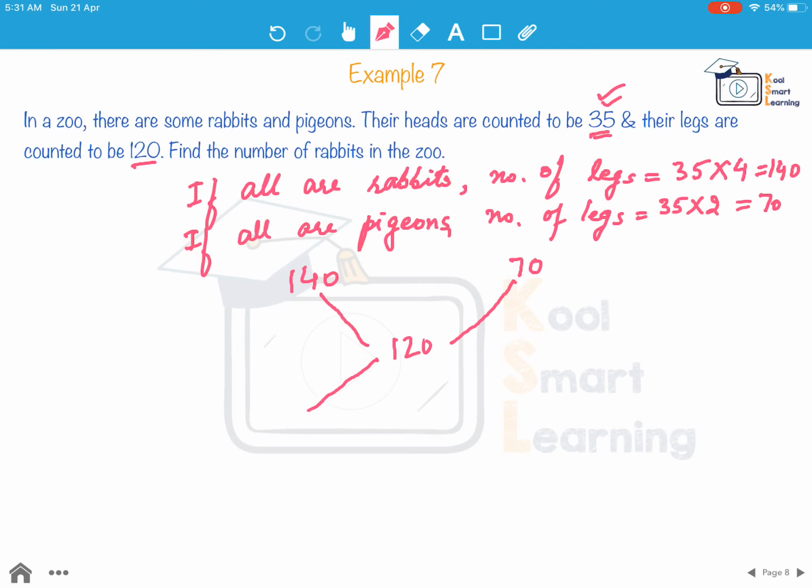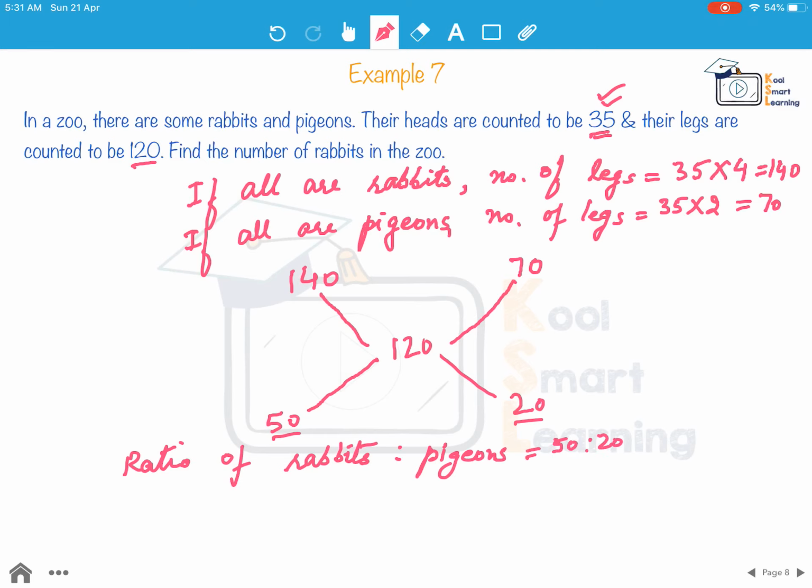So now using the rule of alligation, we get this 50 and 20. So we'll say ratio of rabbits to pigeons is 50 is to 20, or we can say 5 is to 2.